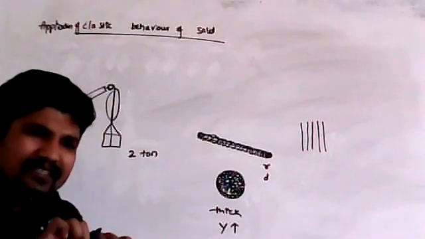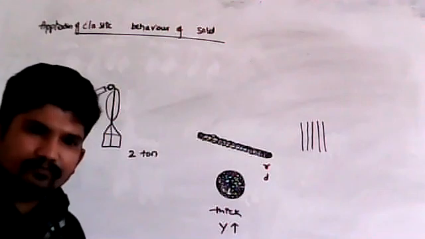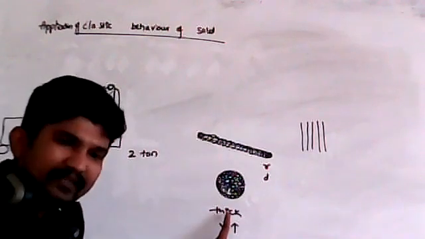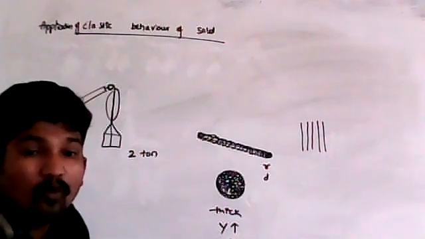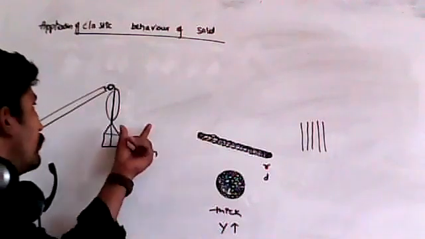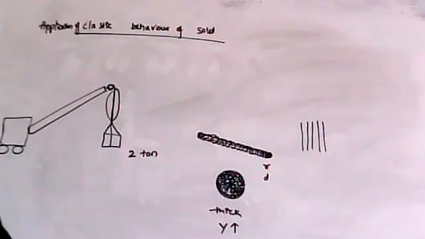Why? Because then it will not break easily. You are getting my point, right? It should be very thick and its Young's modulus should be high. Then only can we lift any type of weight. So this is for the crane.